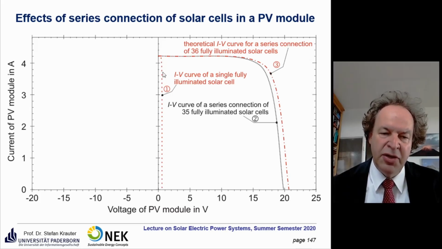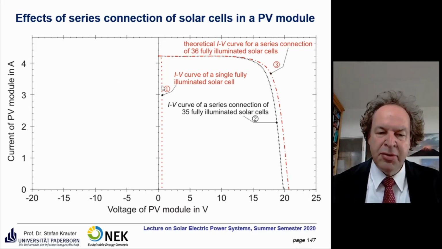That's the IV curve of a single illuminated solar cell with a maximum voltage of about 0.6 volts. The current is in full scale, so on this particular cell we have a current above 4 amps. Many high efficiency solar cells or large solar cells have currents up to 16 amps.